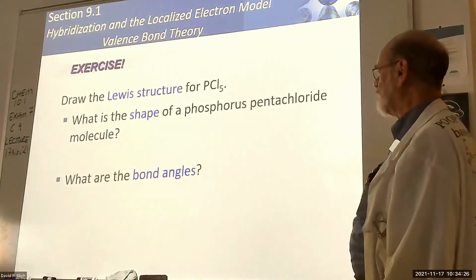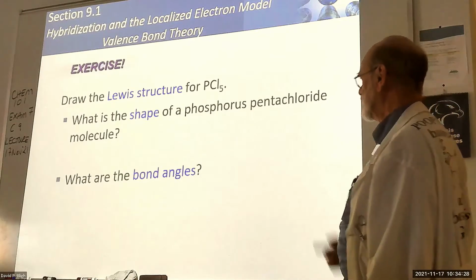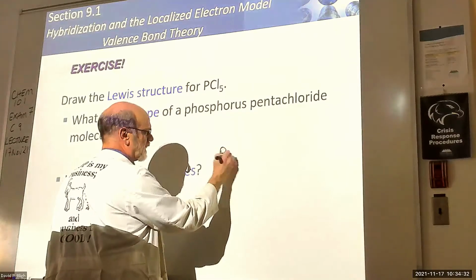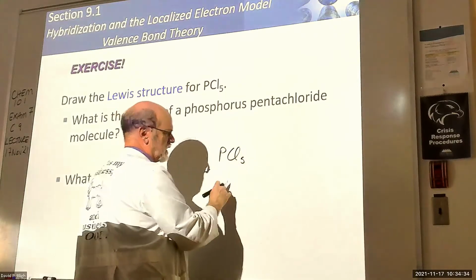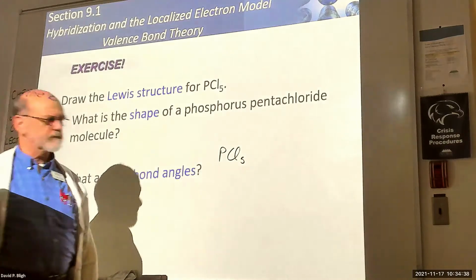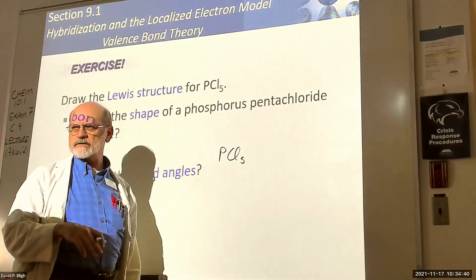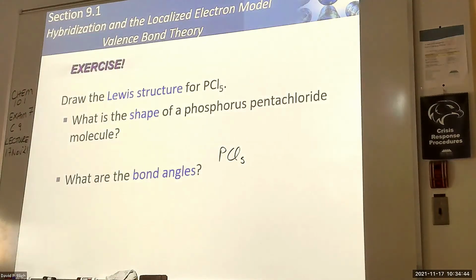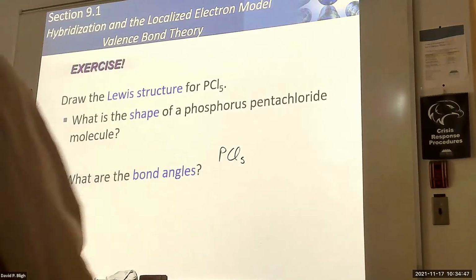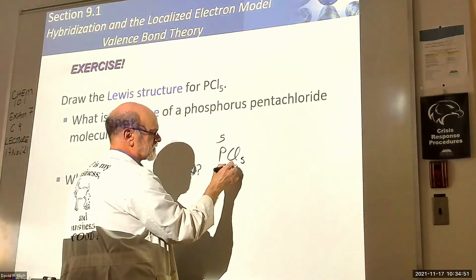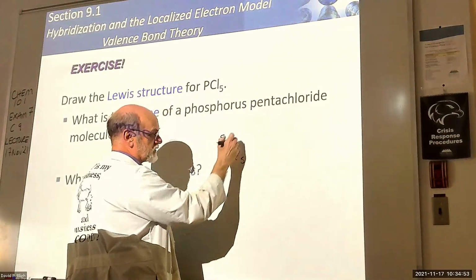Okay, how about PCl5? What's the shape of PCl5? We've done this one before, I think. So phosphorus is in the nitrogen group, so it's got 5 electrons, and 7 each for the chlorines, so that's 35.